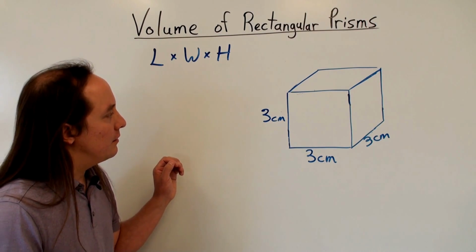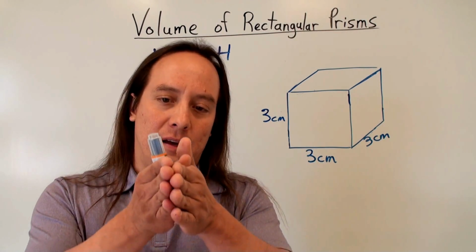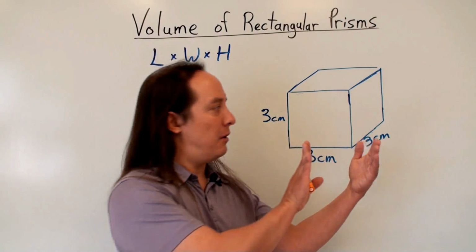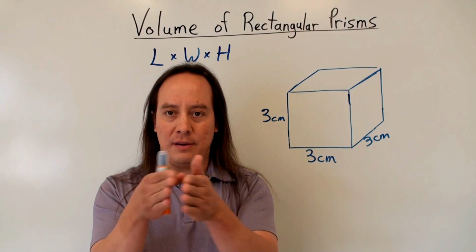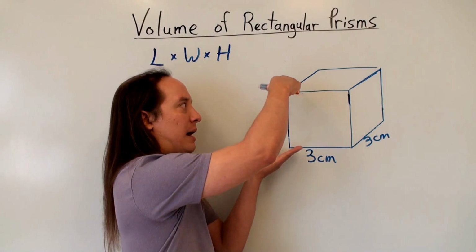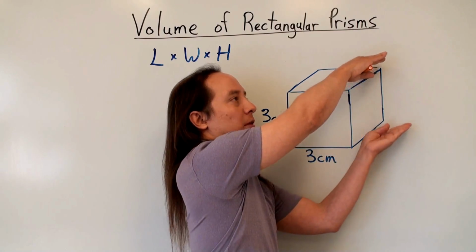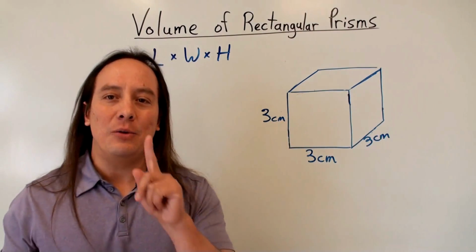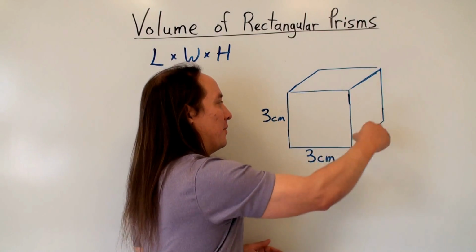Again, like I was telling you earlier, we have to think about those three dimensions of the box. This measurement, and I think that measurement would be right here, the 3 here. So that one times this one, and this measurement I have right here. If it was written over here, then I would take it from here. I just need one of those vertical lines, this one, this one, this one.